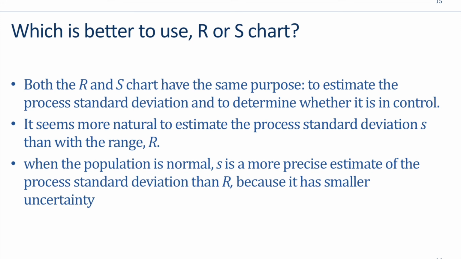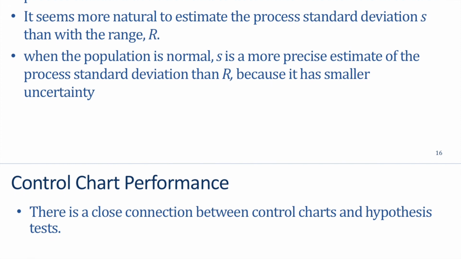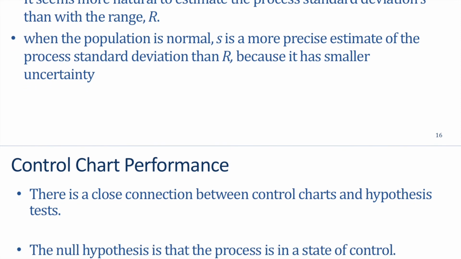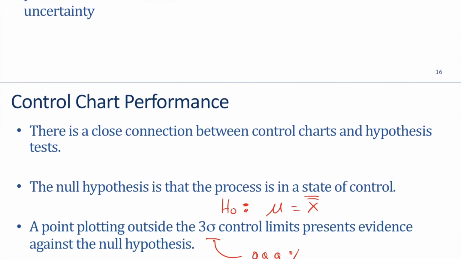It's just as fast to compute one or the other. So using S has less uncertainty, and therefore for that reason is preferred on many occasions. I think the range has more historical background than any other thing.